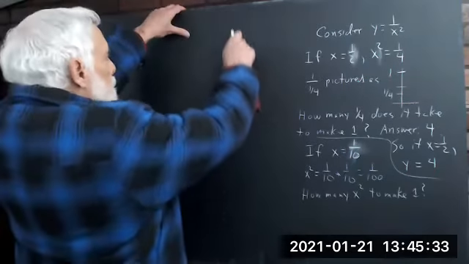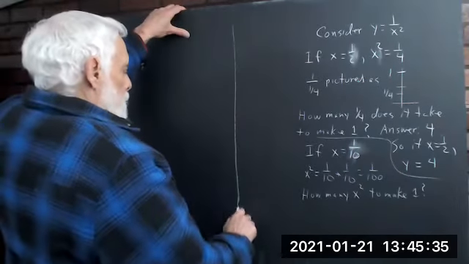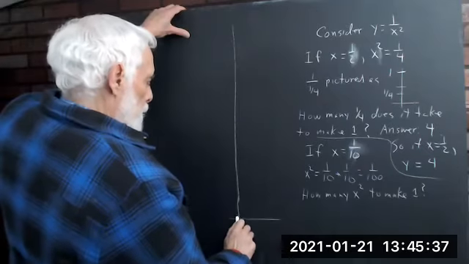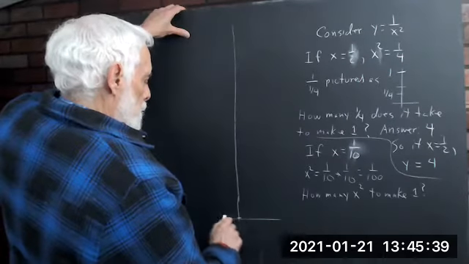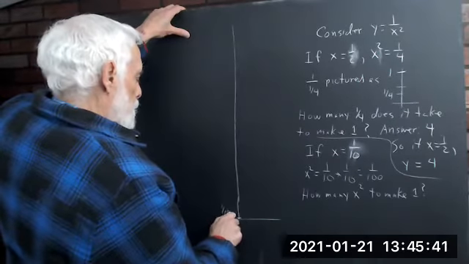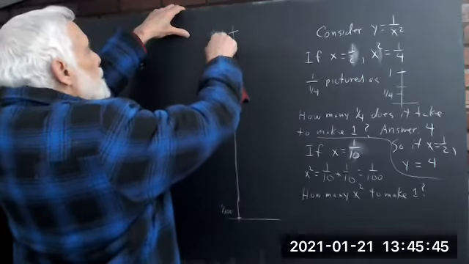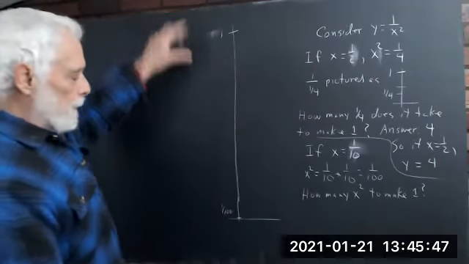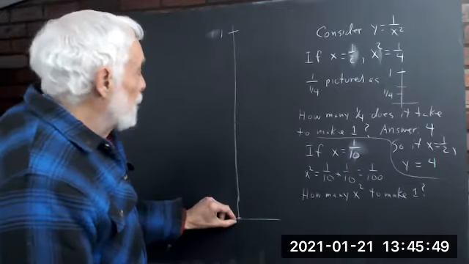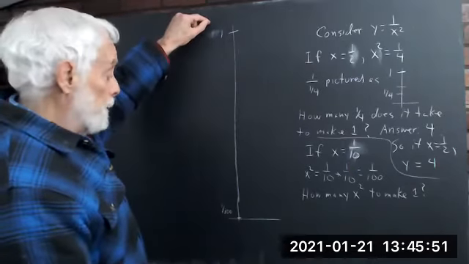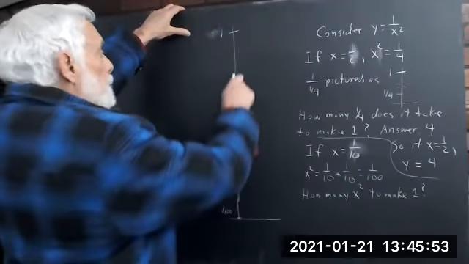Well, we could draw that. Okay, down here will be 1 over 100. Up here will be 1. You picture that as how many of these does it take to make this? Okay.